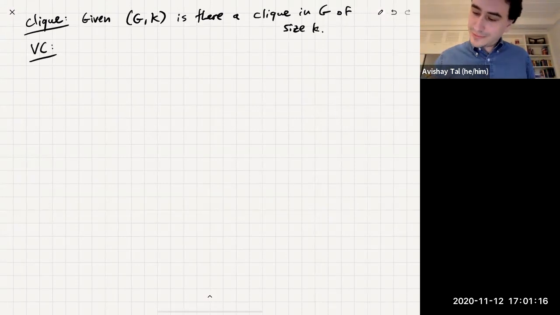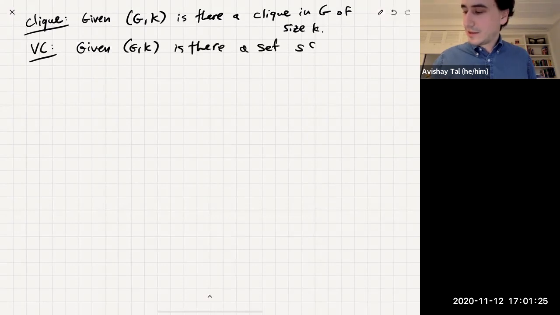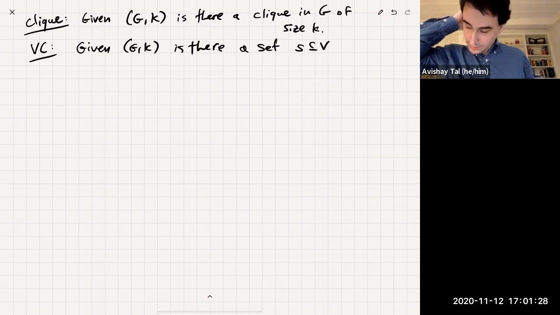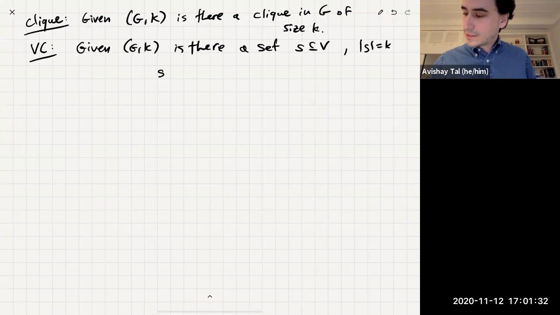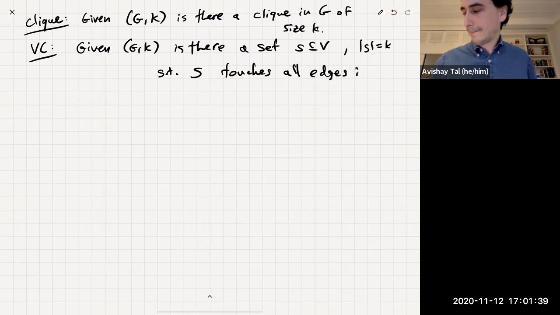The vertex cover problem: given a graph G and a number k, is there a set S, a subset of the vertices, of size k such that S touches all edges in G? And I claim that these two problems are also NP complete.